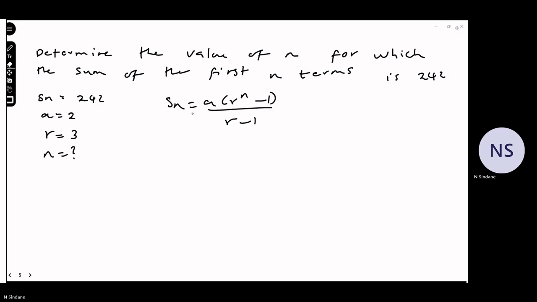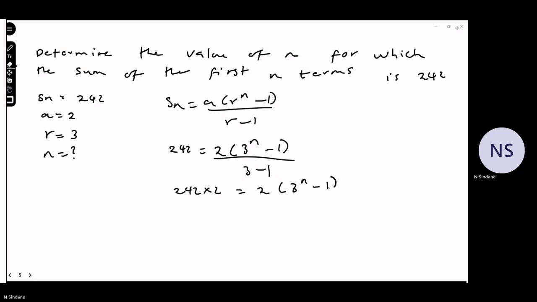We substitute: 242 is equal to 2 times (3 to the power n minus 1), divided by 3 minus 1, because we don't know the value of n. When I cross multiply, this gives me 242 times 2 is equal to 2 times (3 to the power n minus 1). Divide by 2, and I'm still left with 242 is equal to 3 to the power n minus 1.